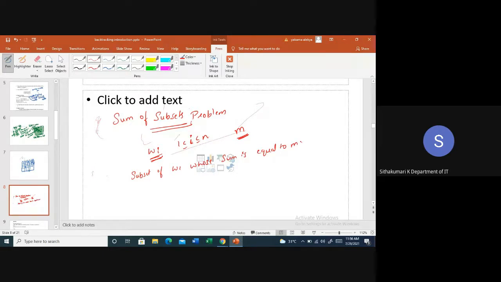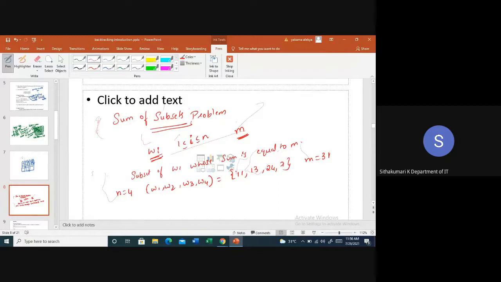So for example, let us take N equal to 4. You have 4 positive numbers, W1, W2, W3, W4 equal to 11, 13, 24 and 7, and m is equal to 31.